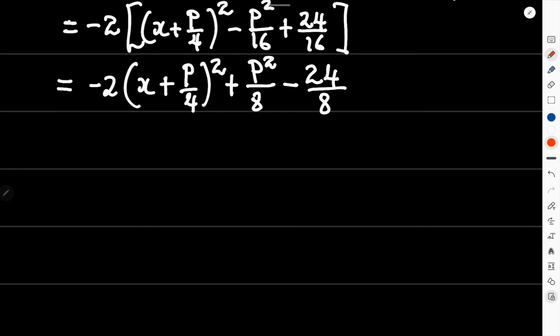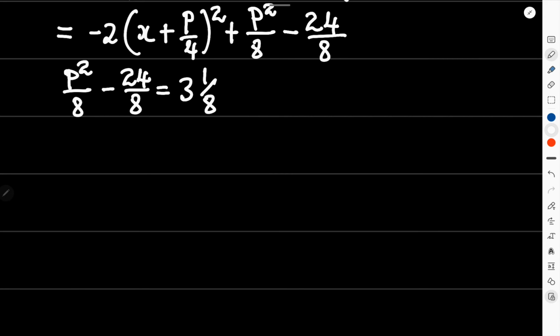So we take p squared over 8 minus 24 over 8, and we equate to 3 whole number 1 over 8.